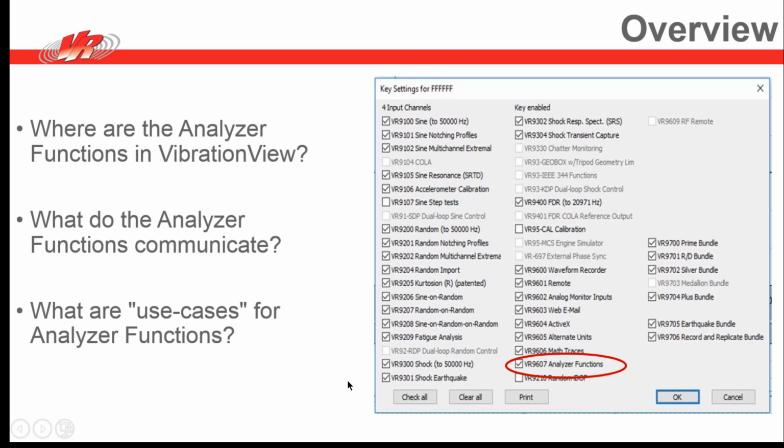It's an add-on package that's pretty important, and sometimes it's overlooked, and it would be valuable to have. And so that's part of the goal of this presentation, is to also show you what the analyzer functions communicate and what possible use cases there might be for the analyzer functions.